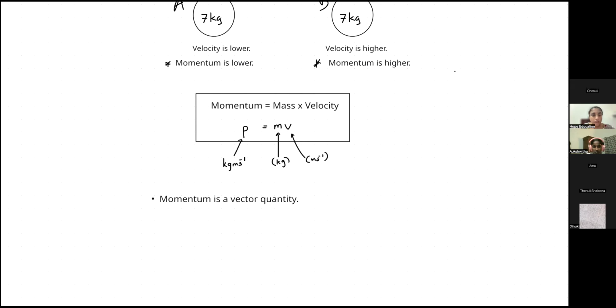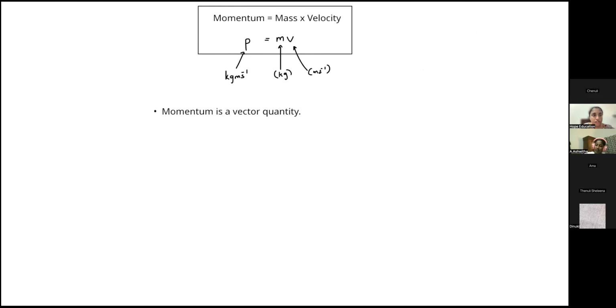Let's try a few questions from exercise 4.2. That is not that difficult. For the first 2 questions I'll give 5 minutes.